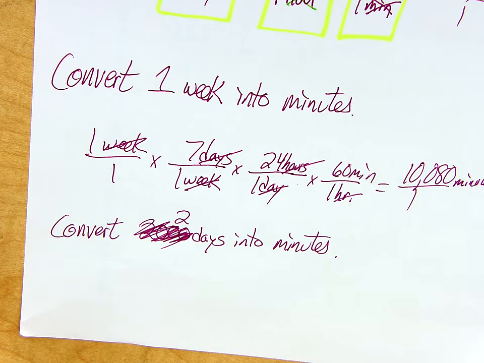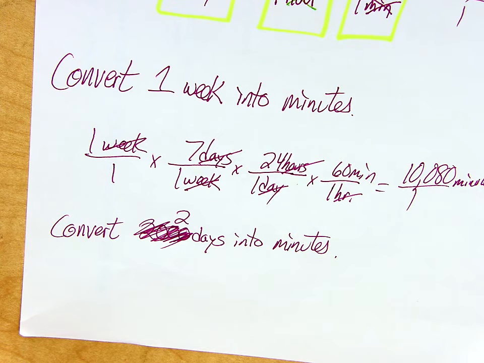Okay, so go ahead and make that conversion between 2 days and minutes. So take whatever I'm giving you, 2 days, put it over 1, and then just ask yourself, okay, I know there's blank in 1 day.